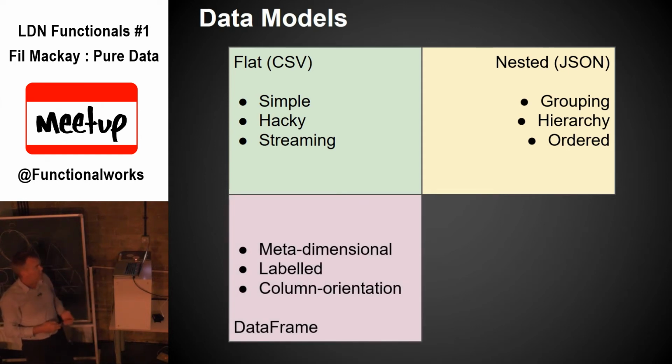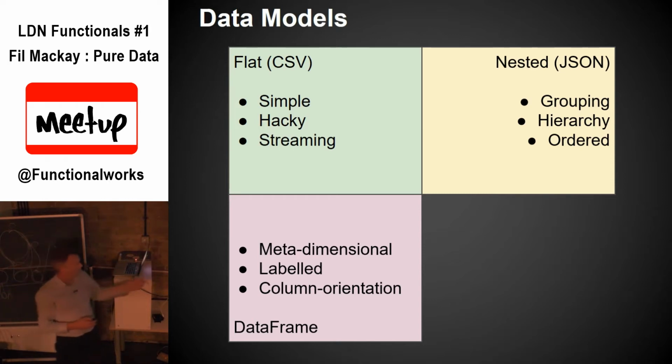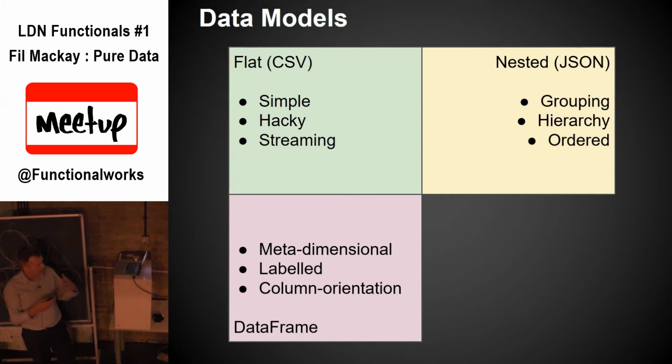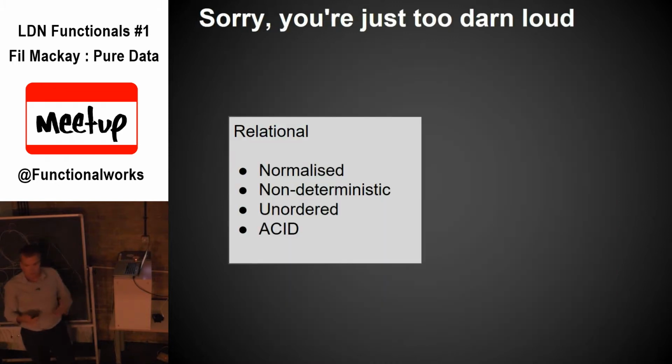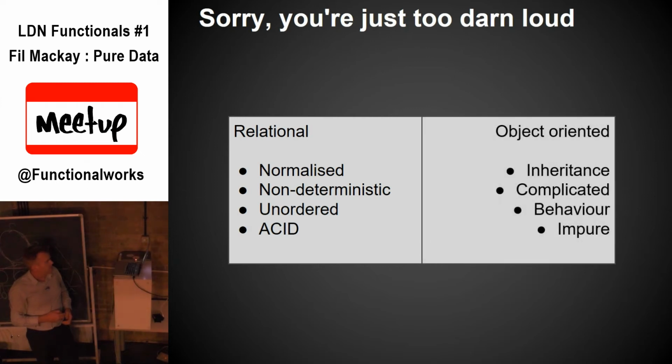It's good for grouping things. We've got data frames that we just looked at. I think the particular strength of data frames is the labeling aspect of it. So we can draw the context together of two different arrays and see what they're actually representing. And we've got arrays, which are great for doing lots of numerical work, so very fast aggregations and whatnot.